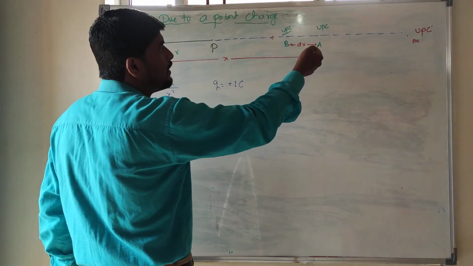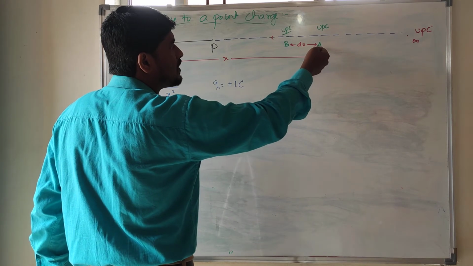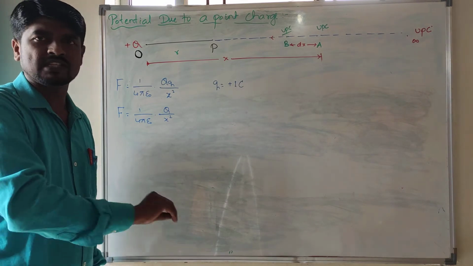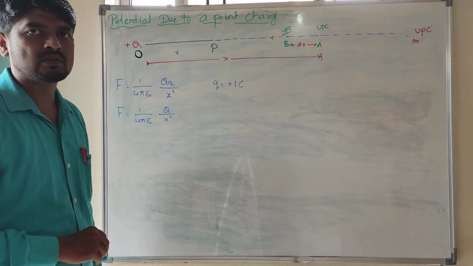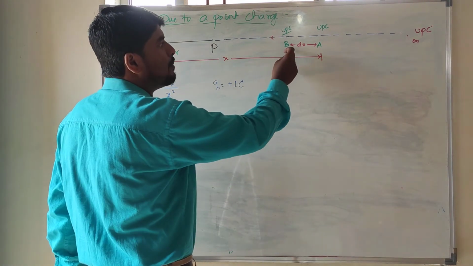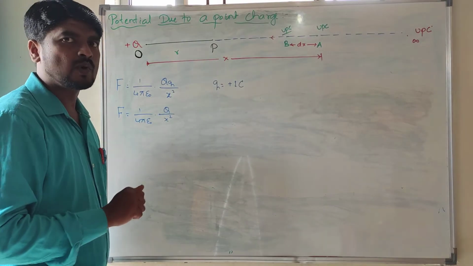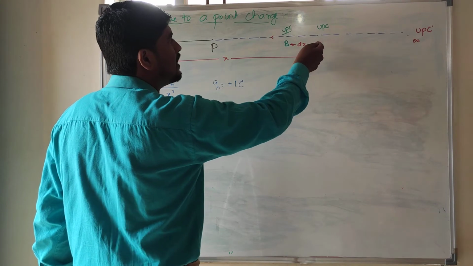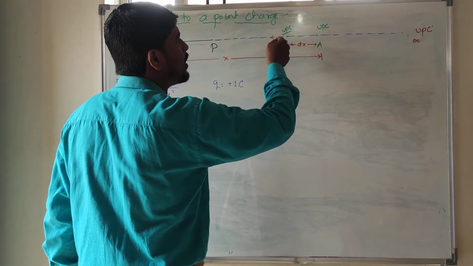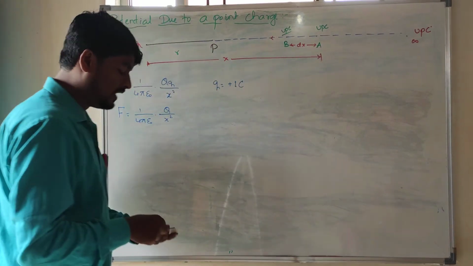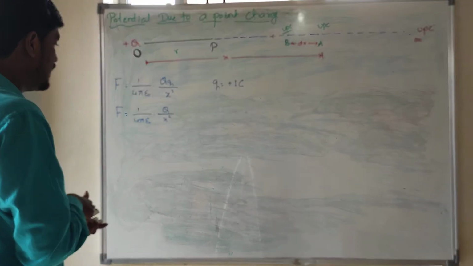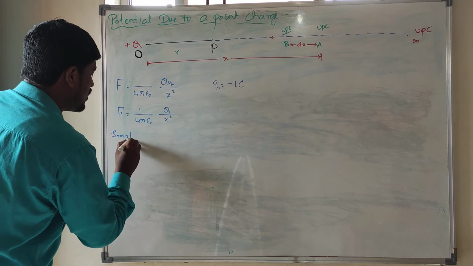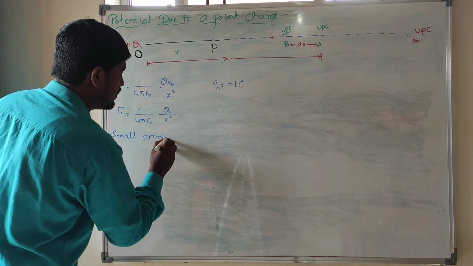If I move the charge from A to B against the direction of the electric field, just a few minutes back I explained that concept. That concept is termed as potential difference. That is also work done. A small amount of work is done in bringing a UPC from point A to point B against the direction of the electric field, and that work done is given by dW.